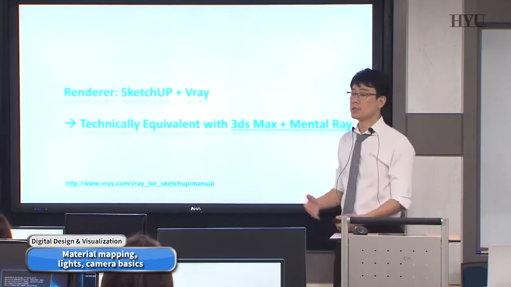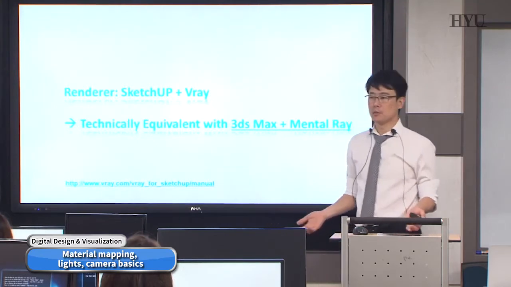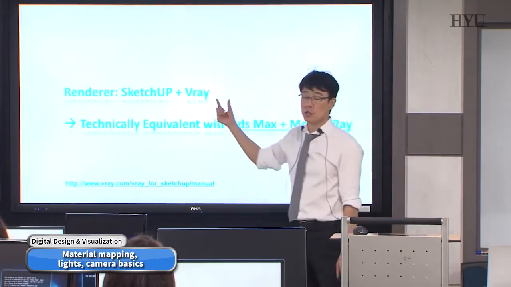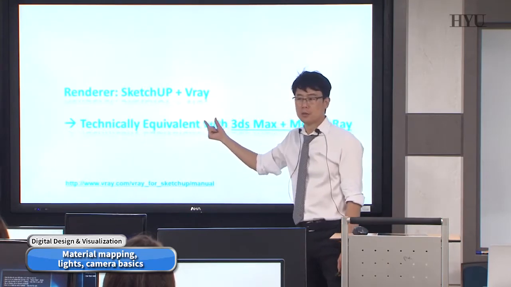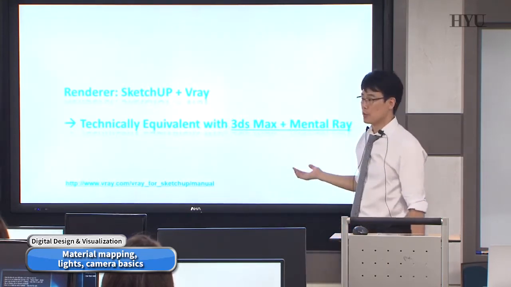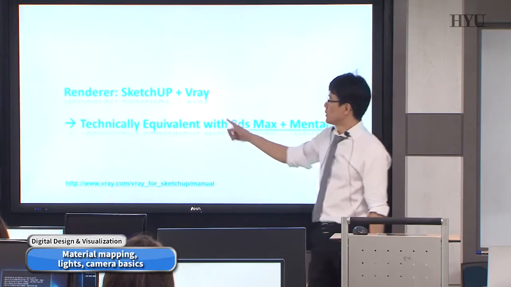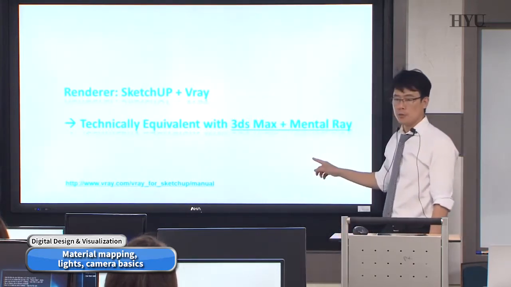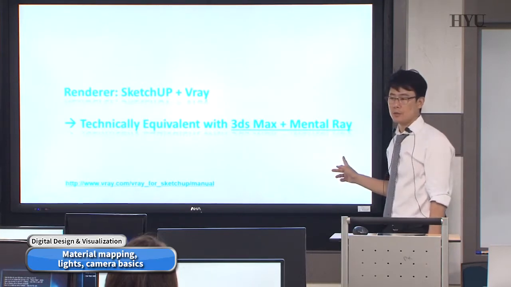Technically the same, but what's different? Software name is different. User interface, totally different. Their terminology is sometimes different. V-Ray calls it emissive. Mental Ray calls it self-illumination.